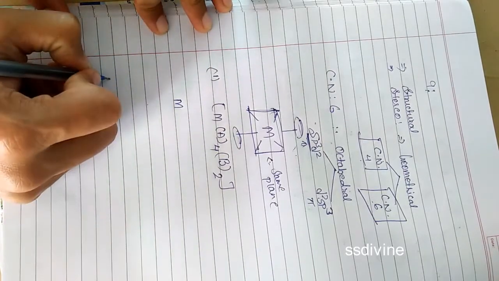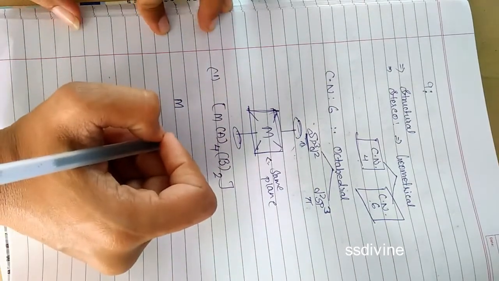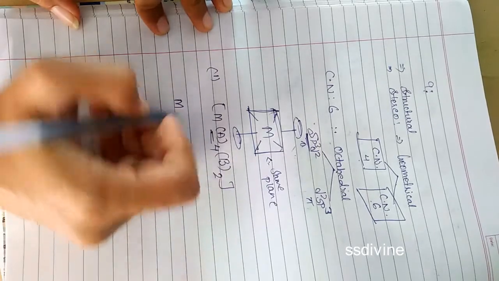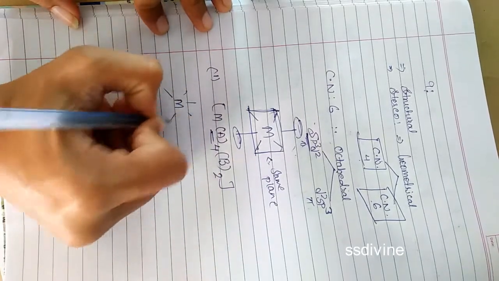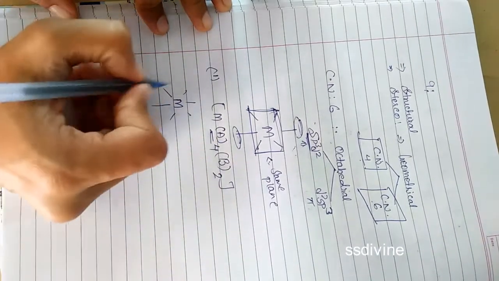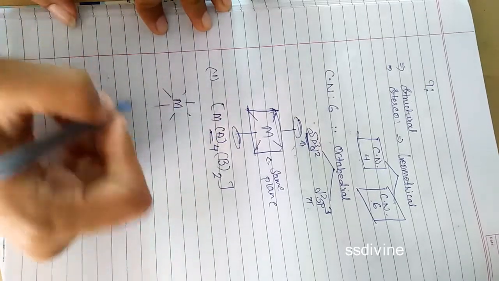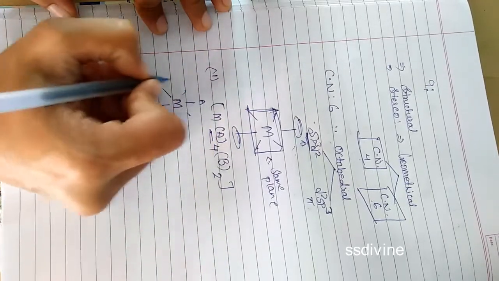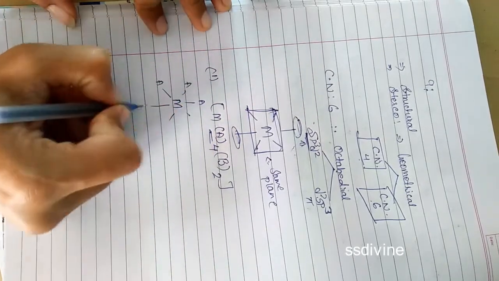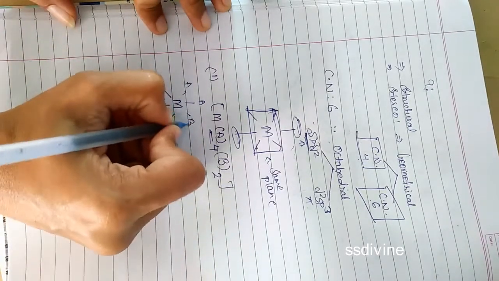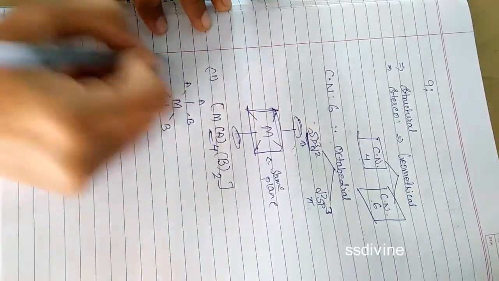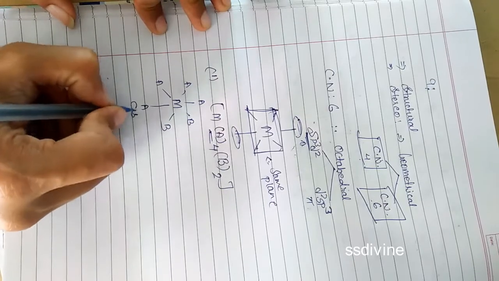So this is your central metal atom. What you can do is keep all the 4 A's on the same side. So first I am keeping all the A's side by side, A, and B over here. So this is my cis isomerism.